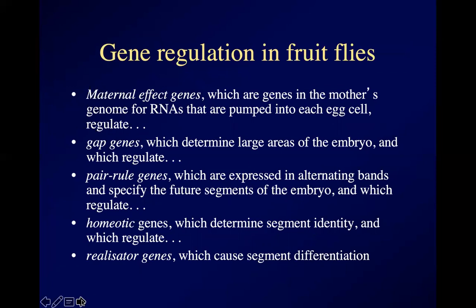And as mommy fruit fly is making an egg, she pumps it full of RNA. Okay, that's kind of weird, but mommy fruit fly actually programs the very first steps in development of her egg by filling her egg with RNAs that are derived by transcription from these maternal effect genes.